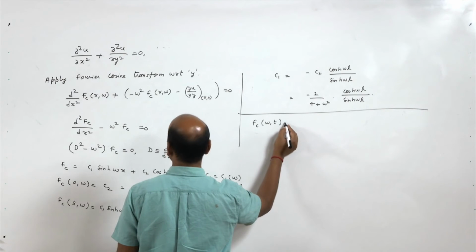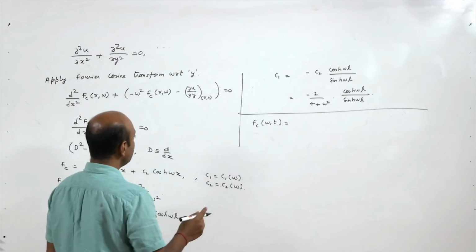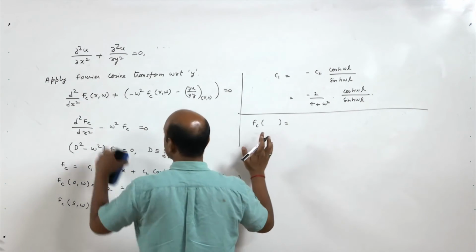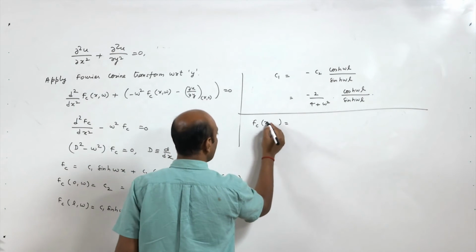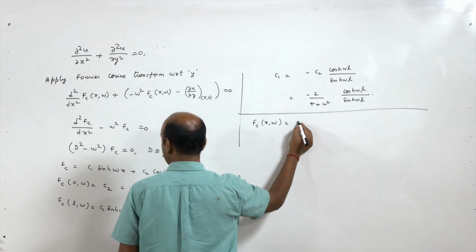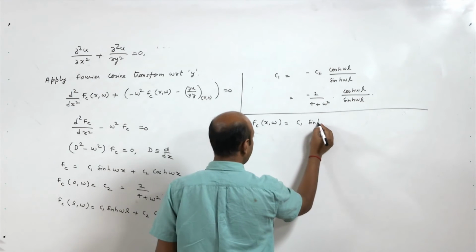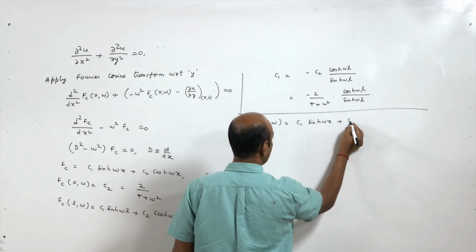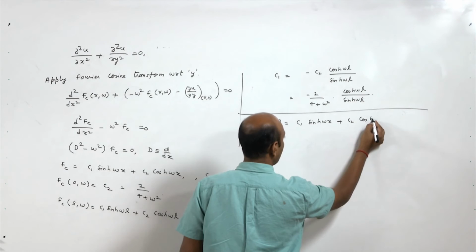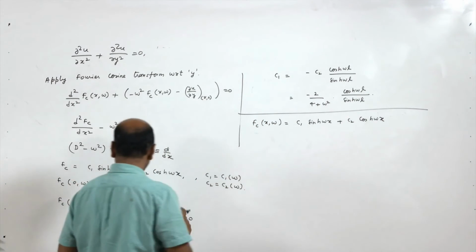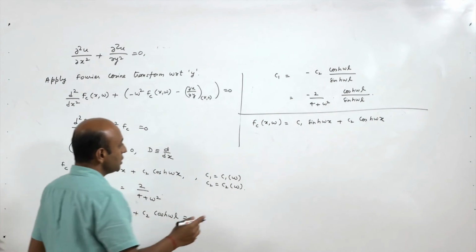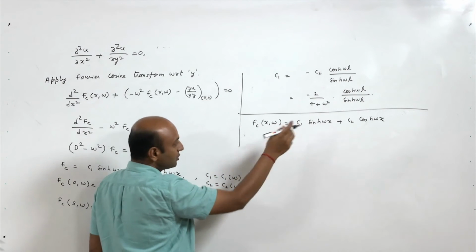F_c(x, omega, t) here is nothing but F_c(x, omega), because F_c is a function of x and omega. So, it is C1 sinh(omega x) plus C2 cosh(omega x), where C1 and C2 are given by these two expressions. So, take the inverse cosine transform on both the sides.